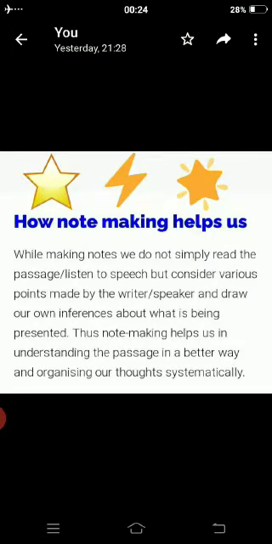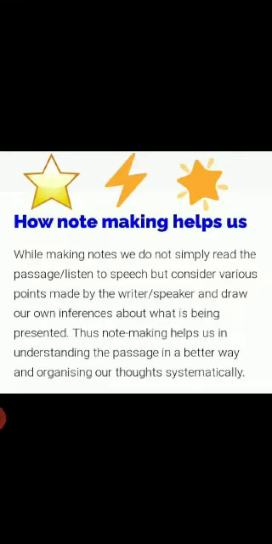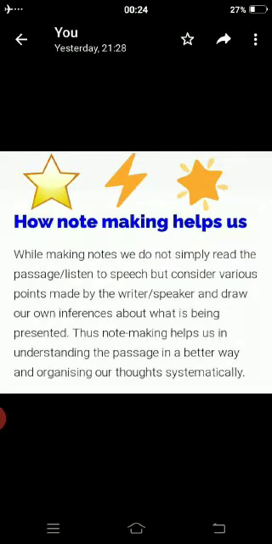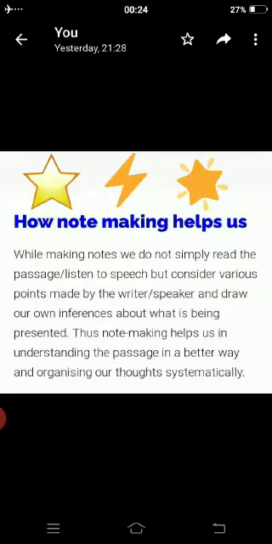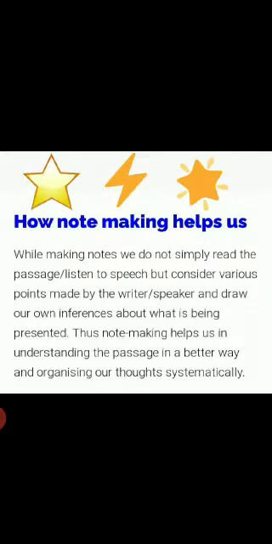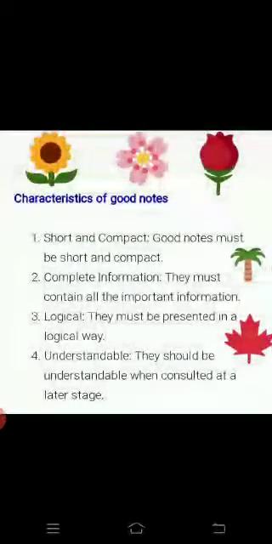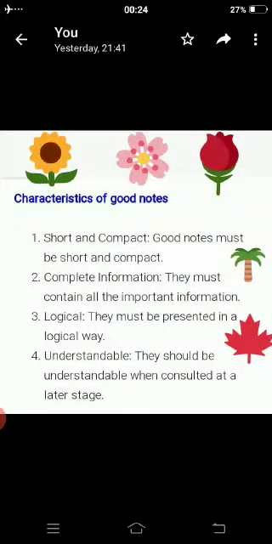While making notes, we do not simply read the passage or listen to a speech, but we consider various points made by the writer or speaker and draw our own inferences about what is being presented. In this way, note making helps us in understanding the passage in a better way and organizing our thoughts systematically.